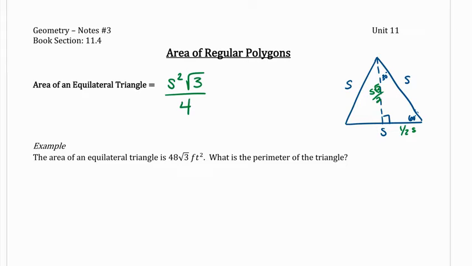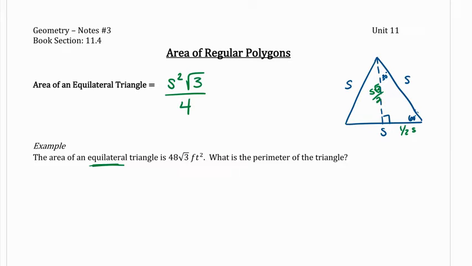It's helpful for a problem like this where it says the area of an equilateral triangle is 48 radical 3 square feet. What's the perimeter of the triangle? If I use the 1/2 base times height, I have 2 variables I don't know. I don't know the base and I don't know the height. I could draw my triangle and split up the sides and try to figure it out.